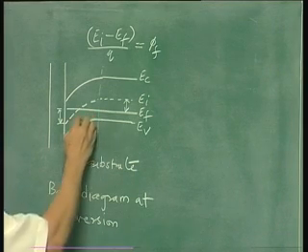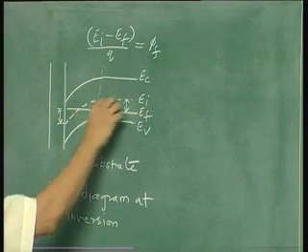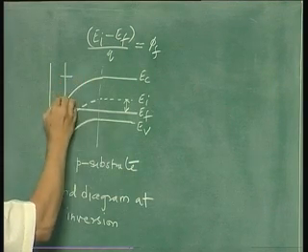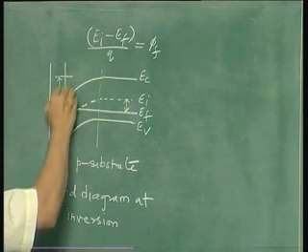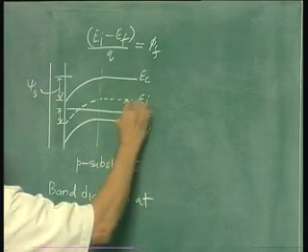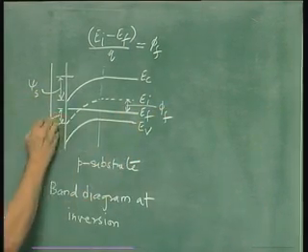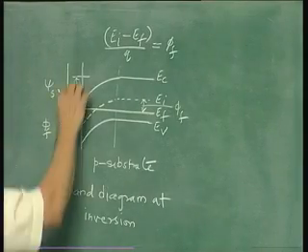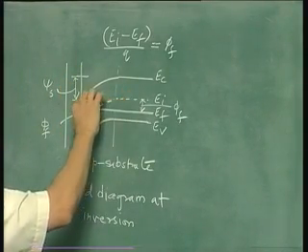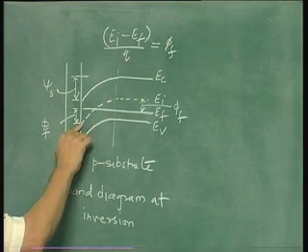Now therefore you see that if you want to know the total potential drop in silicon on the band diagram, this is the total potential drop. So this is psi s. So this is phi f and this is phi f. Now obviously this psi s is nothing but this difference here between this intrinsic level and this point.